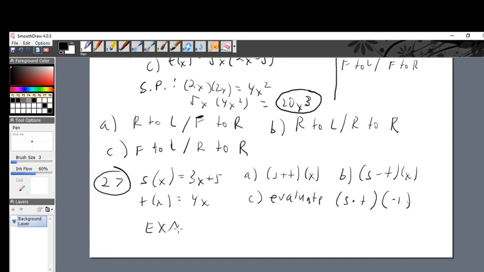Okay, where can you find this though? You can find this on exam 3. It was actually in the last exam 3, review D, problem number 10. Okay, we continue.